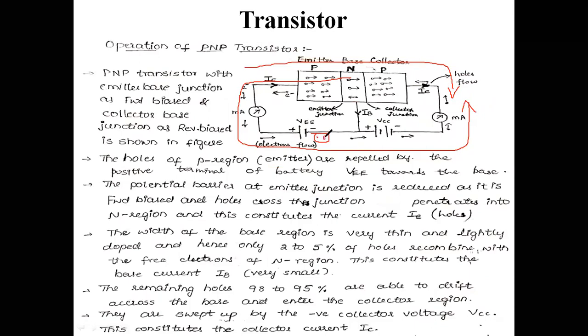This is electron and hole. This breaking of the covalent bond makes the hole move in this direction towards the p-type semiconductor material, and the electron moves in this direction. Whenever the covalent bond breakage takes place, the holes flow towards the p-type semiconductor material, and electrons move towards the collector side, thereafter to the n-type semiconductor material.